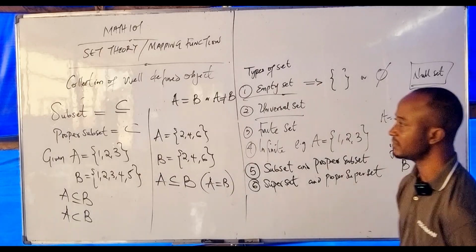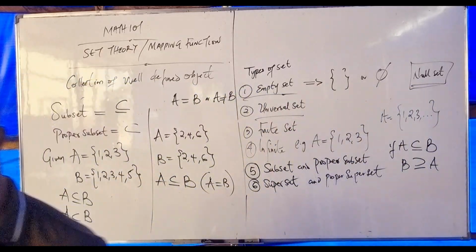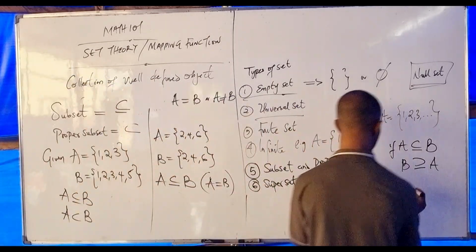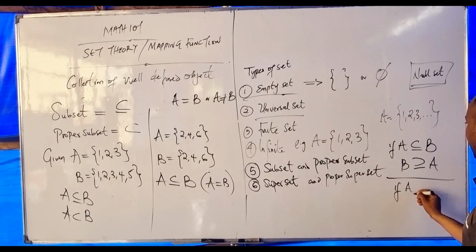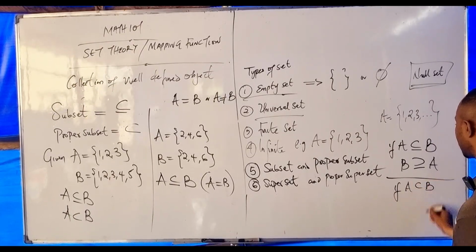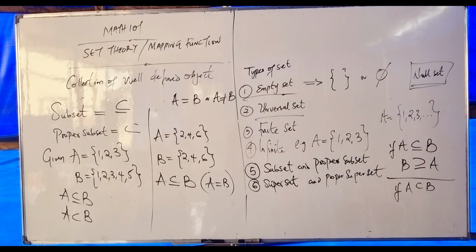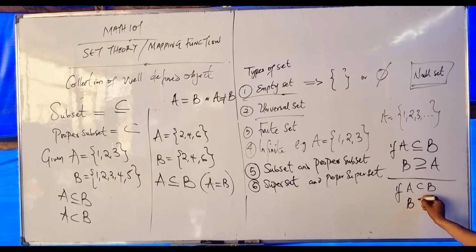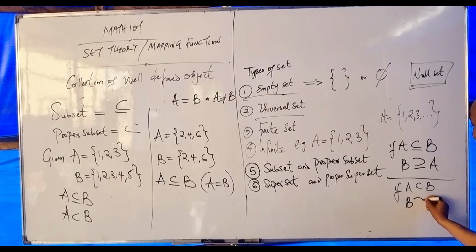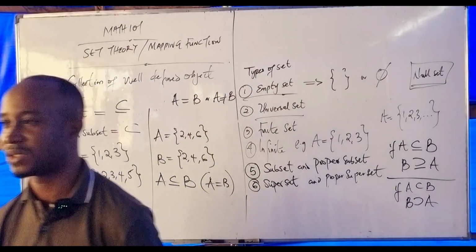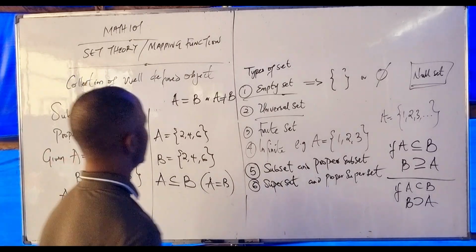If A is a proper subset of B, what does that imply? That B is a proper superset of A. Okay.